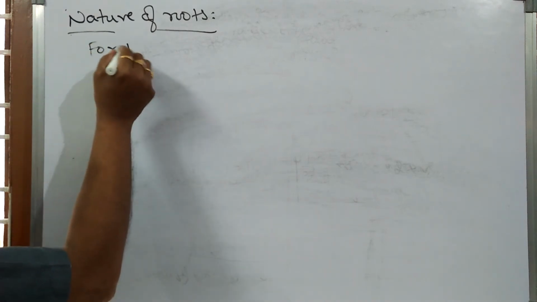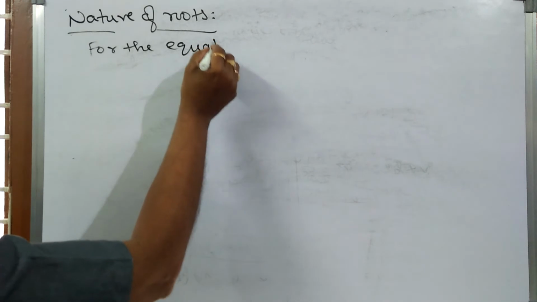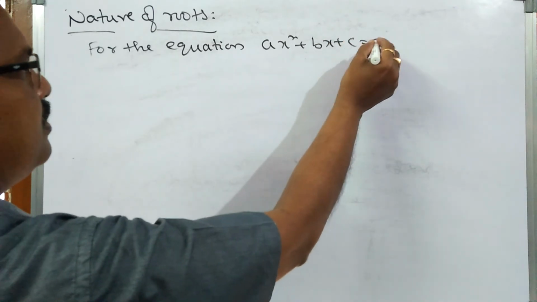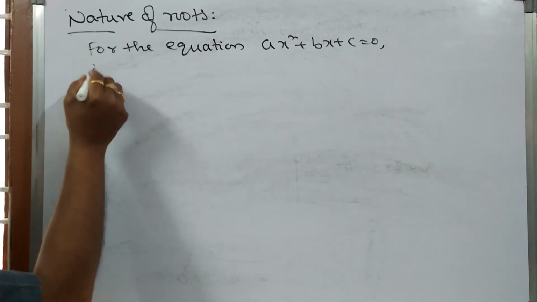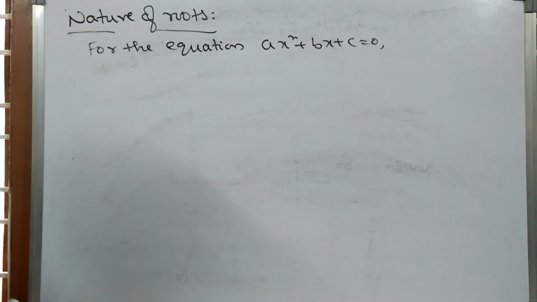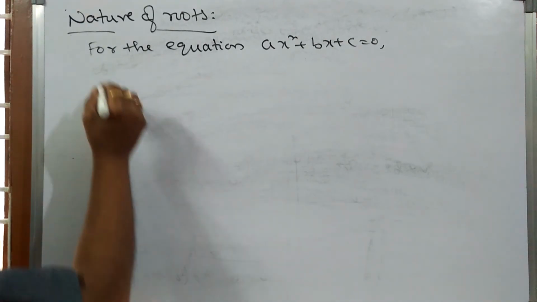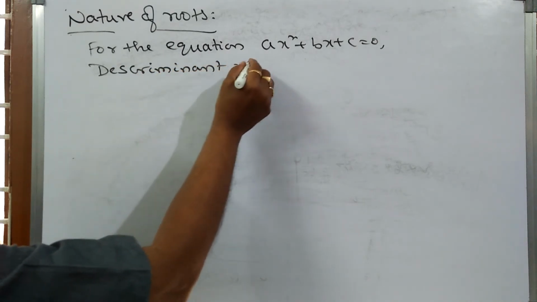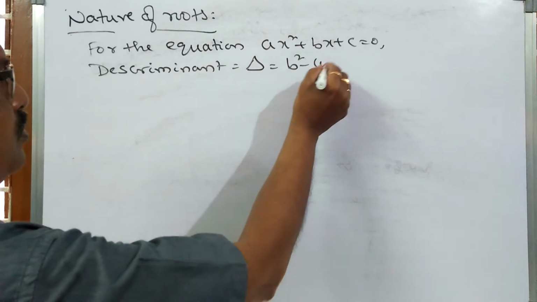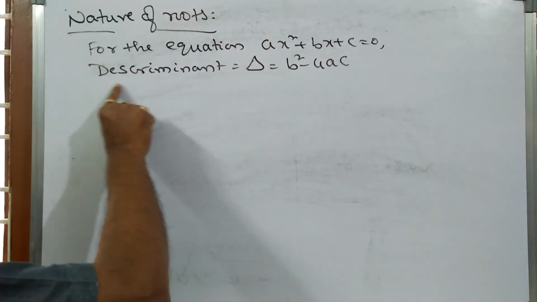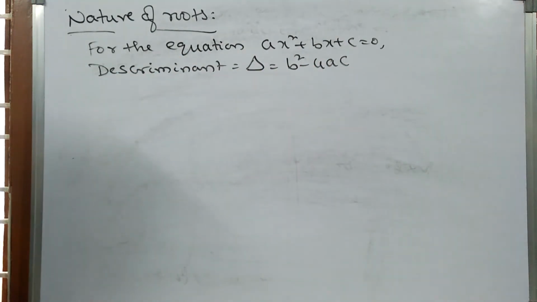For the equation ax square plus bx plus c is equal to 0, the discriminant, which we represent with delta, is equal to b square minus 4ac. From now onwards you have to remember the discriminant. It is denoted by delta and its value is given by b square minus 4ac.